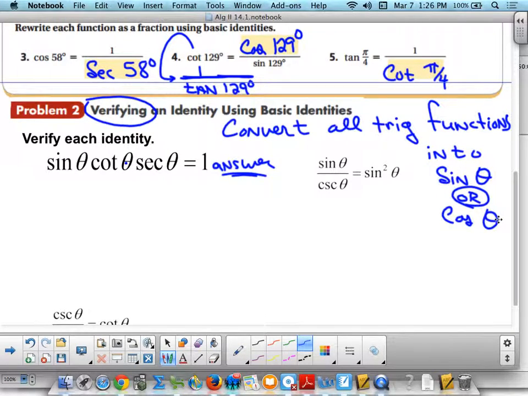If you do this, your day will be so much better, okay? So guys, look at this. This says what? Sine of theta. That's what I want. Everything should be what? Sine or cosine.